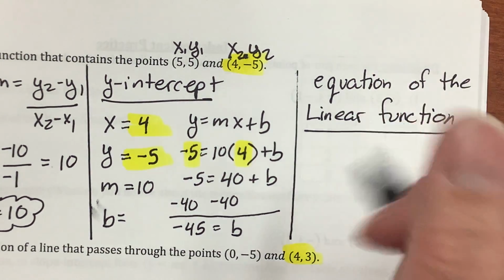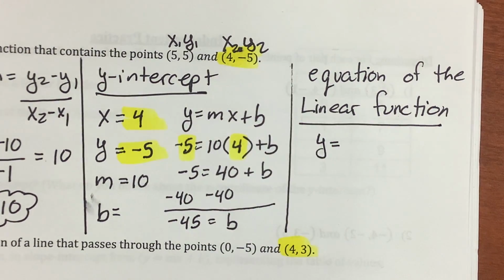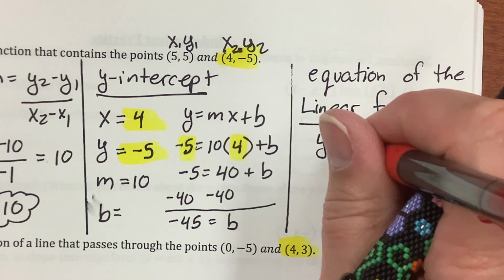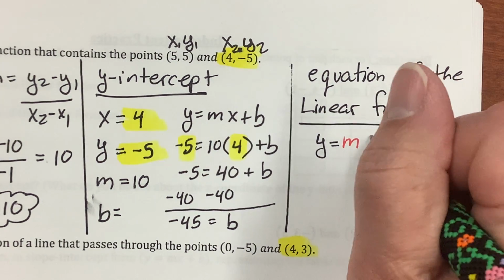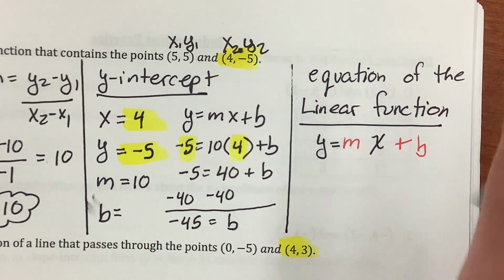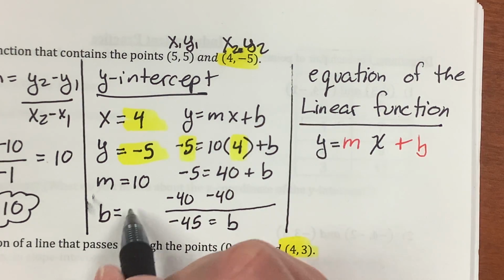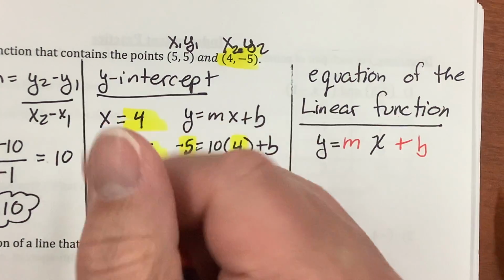Well, y equals, come on, Bono, m x plus, didn't even write it, b. Wait, here's my b is negative 45, and my m is 10.